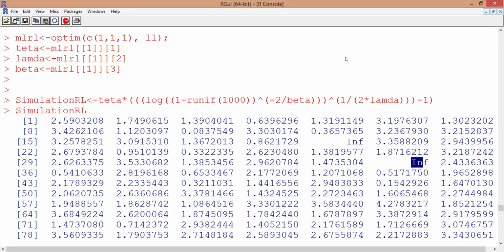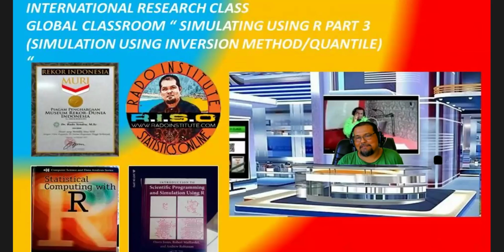From our discussion today, session 3 is the key to success in understanding simulation. But you must remember that session 1 is also very important, because in session 1 we discussed the introduction: the relationship between the density function, distribution function, and the quantile function.